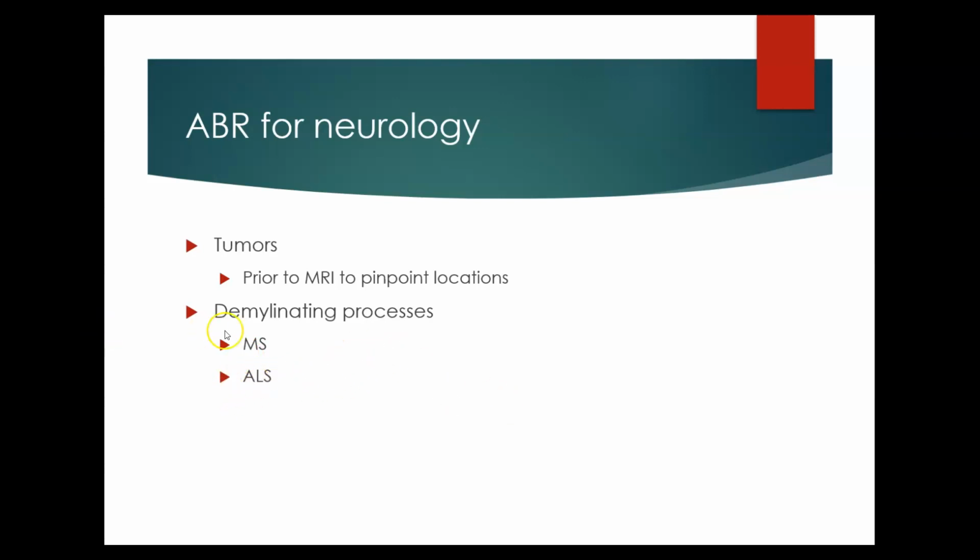We can see changes in the ABR for neurology early, sometimes before a person may even be experiencing symptoms of the disease. We see abnormalities in the ABR when we're using the neurology protocol.